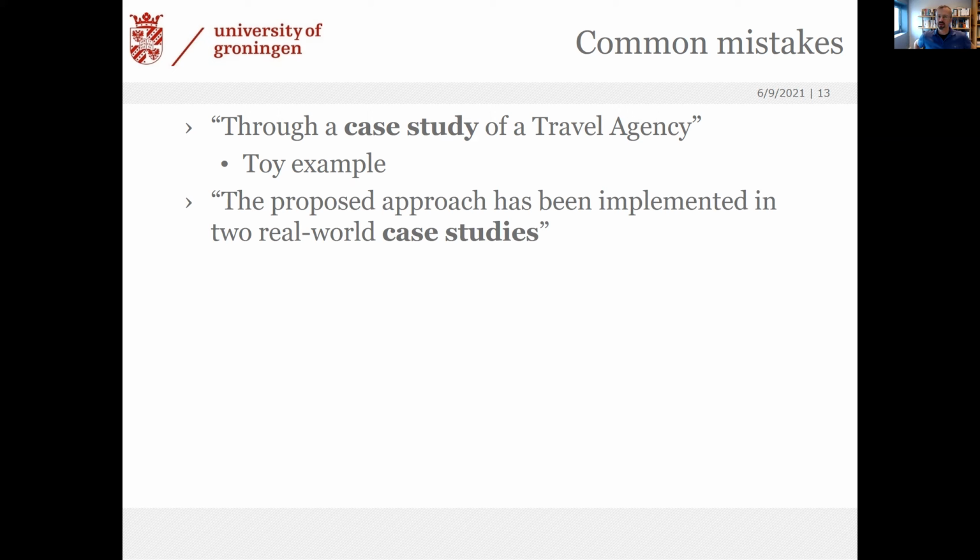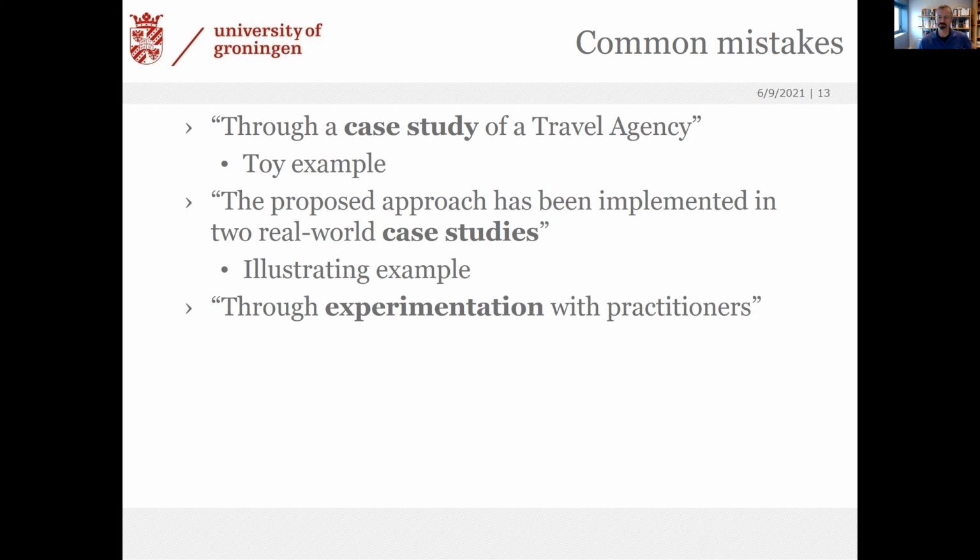Other people would say, well, the proposed approach has been implemented in real-world case studies, and then you go ahead and see the paper, and they use illustrative examples. So again, not case studies, which I will explain in a few slides, but they're just showing by way of example some kind of system that has been implemented. Other papers would mention experimenting with practitioners, okay?